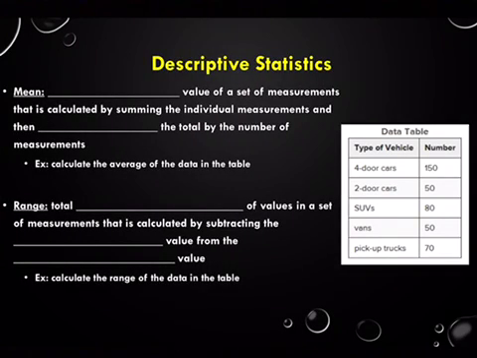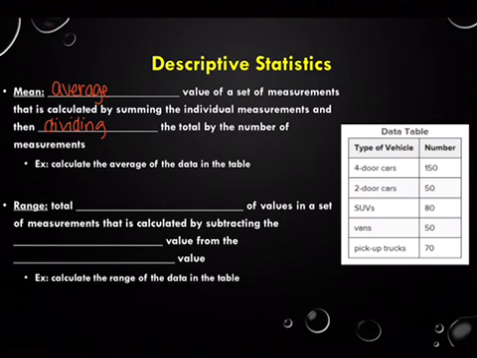Descriptive statistics, again, a lot of math here, but I think these are all words you should have heard before. The mean is the average value of a set of measurements. You calculate it by adding up all the numbers of individual measurements and then dividing that number by the total number of measurements.